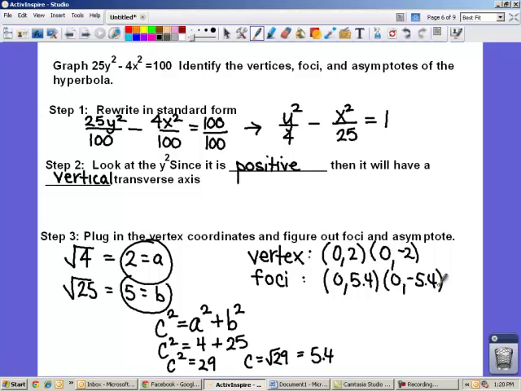And the asymptote equation is always going to be y equals plus or minus your A divided by B. So, since we know that, we're going to say y equals plus minus our A, which is 2, over B, which is 5. So here is our asymptote. I'm just going to abbreviate that. So step 3 is now done.